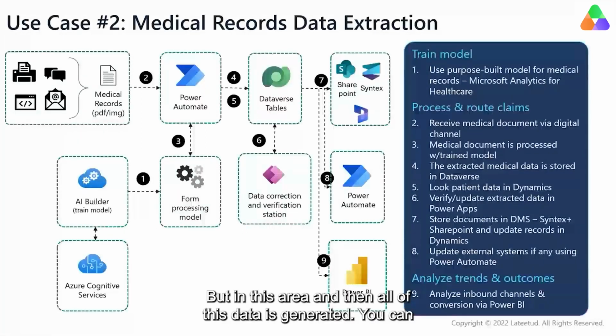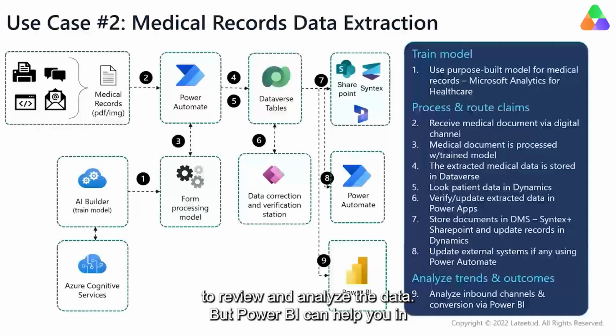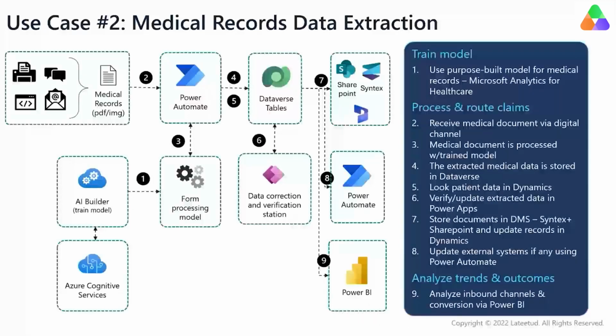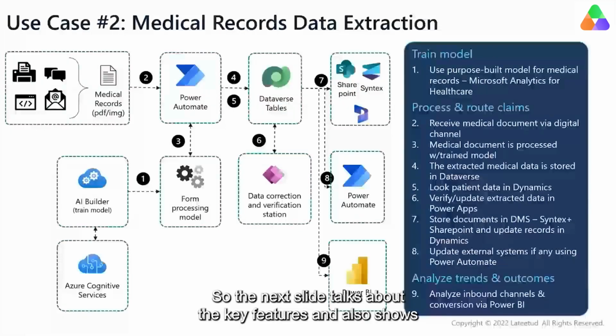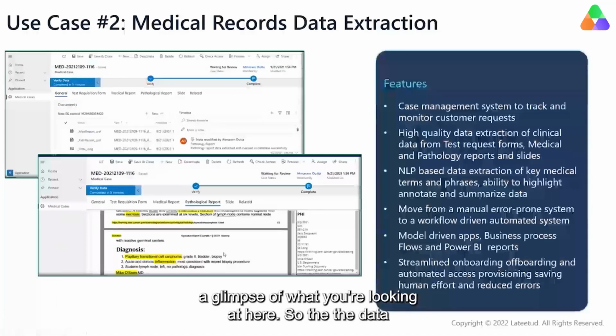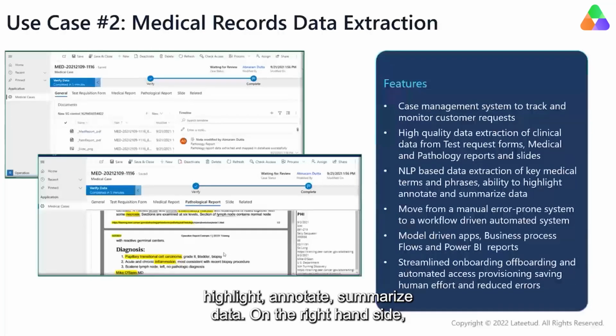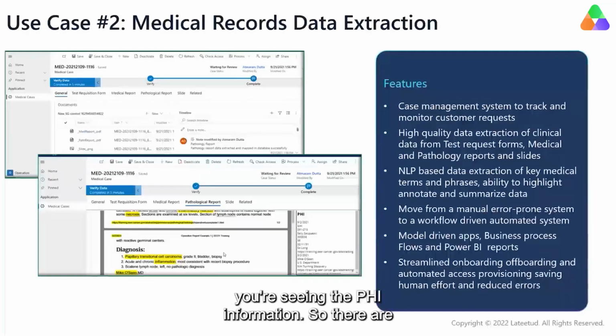And then all of this data is generated. You can definitely create data lakes, and you can use Azure capabilities to review and analyze the data. But Power BI can help you in reporting and creating dashboards and measuring process metrics and so on and so forth. So the next slide talks about the key features and also shows a glimpse of what you're looking at here. The data extraction that is performed also has the ability to highlight, annotate, and summarize data.